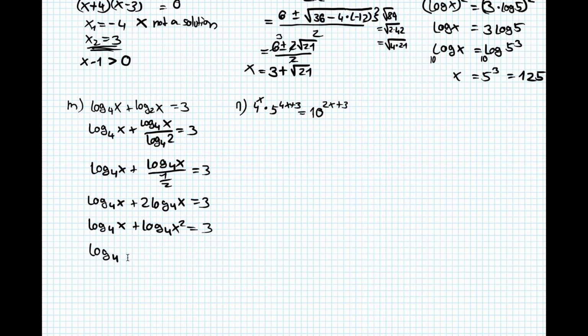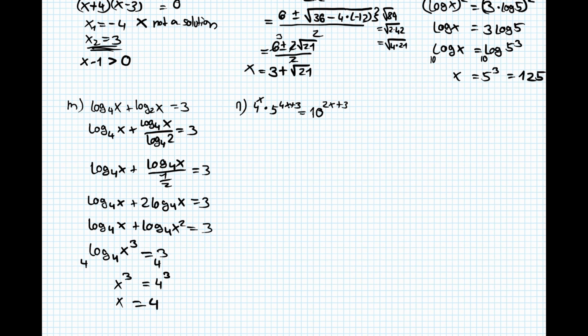Log base 4 of x to the power of 3 will be equal to 3. So if we take everything to the base 4 here, x to the third is equal to 4 to the power of 3. And if we take the third root of both sides, then x is equal to 4.